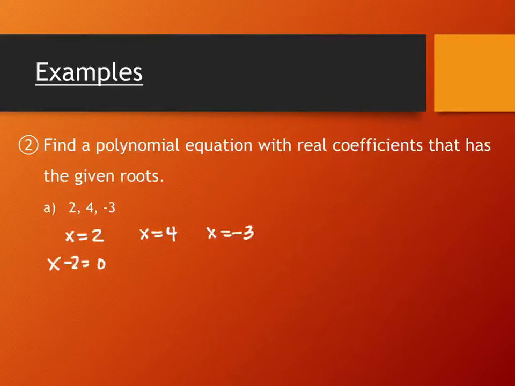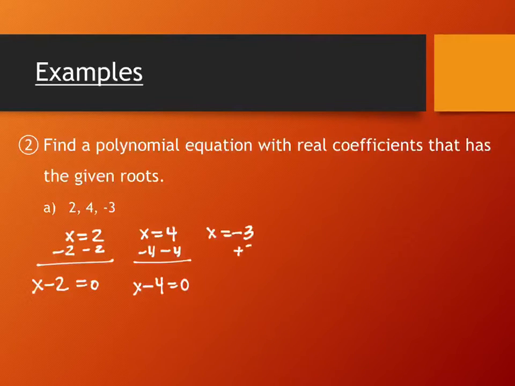And if you can't jump to that just by thinking of it backwards, that's okay. What you can do is subtract the 2 from both sides, so x minus 2 equals 0. You can do the same thing with 4: x minus 4 equals 0. And with the negative 3, add the 3, and x plus 3 equals 0.